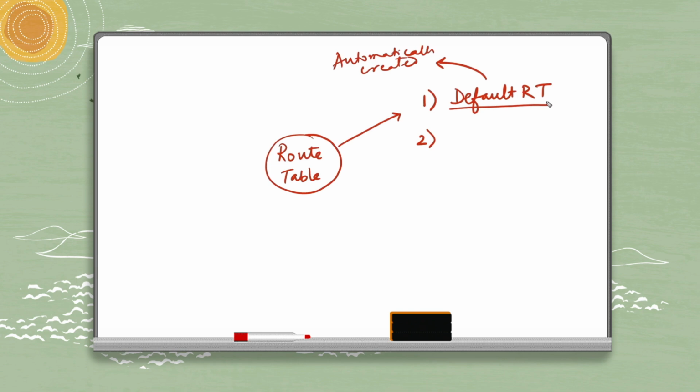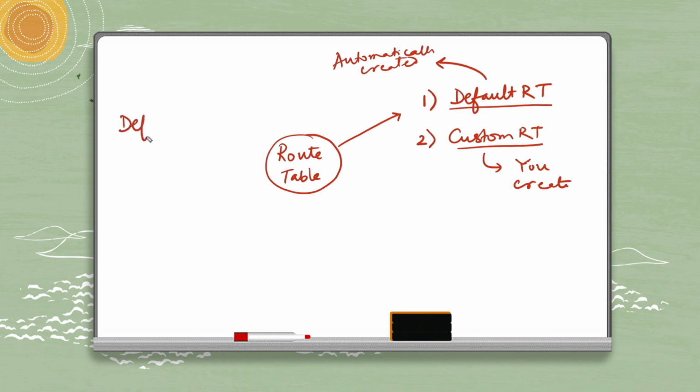I'll talk about the rules that it is going to have, but before that, let me also talk about the second type of route table that you can have, which is a custom route table. So this is typically a route table that you create. So two types of route tables.